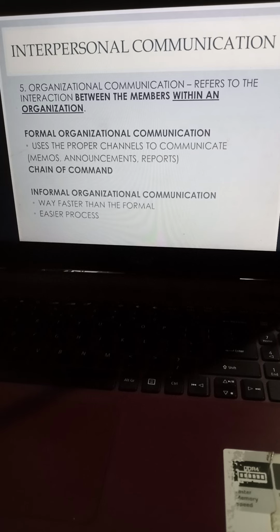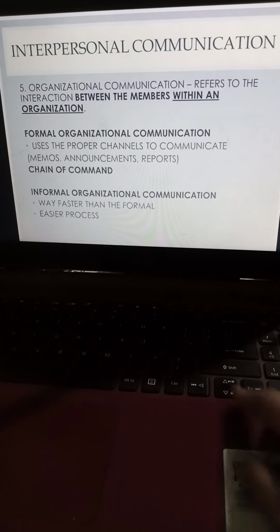So, the process is not so long. That's why it is easier and faster. So both types are important and necessary for an organization to survive. Just always remember that in organizational communication, it is between the members within an organization only. So those who are not members of the organization are not included.